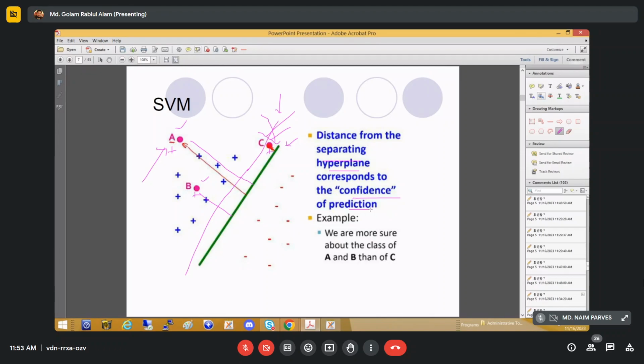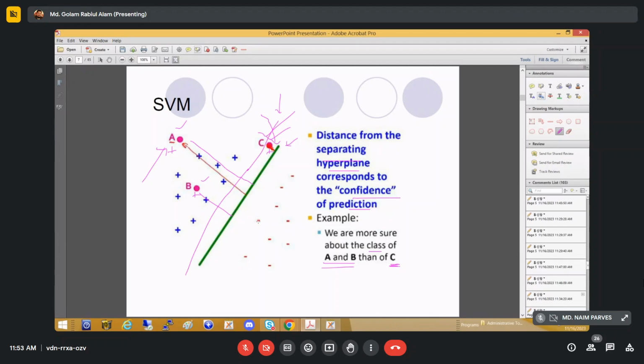If some points are placed very far from the hyperplane, then we are more confident about their class labels, because in that case there is no confusion. Just a little tilting or shifting up or down does not matter. So in this case we are more sure about the class labels of A and B than C.